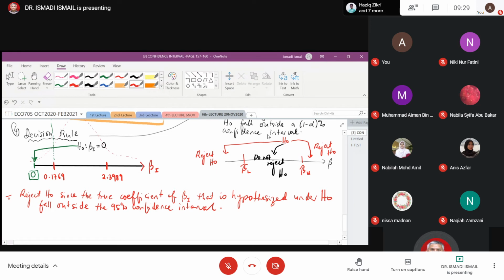Please show your decision rule, please. Don't do it in one paragraph. Okay, do it in several separate lines.